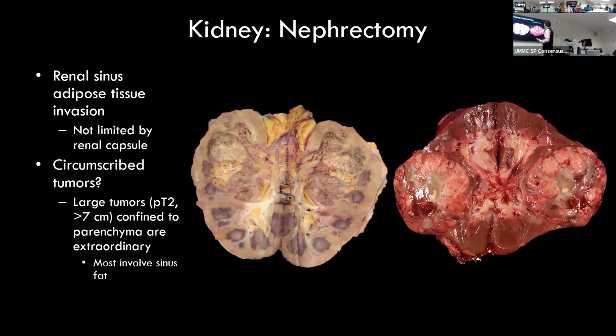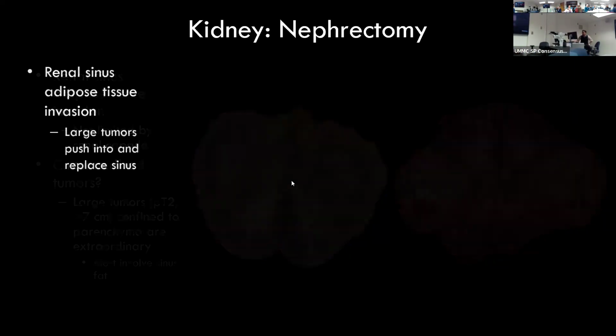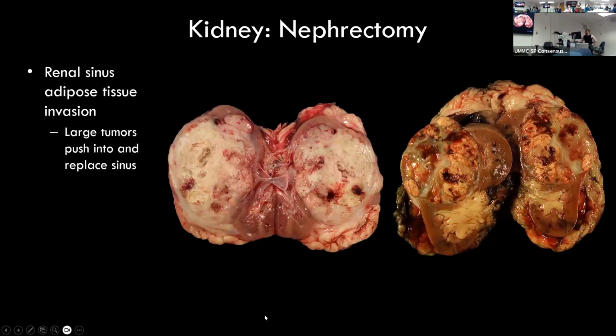So here is a rare example of a large tumor that's partly exophytic, and it has managed to expand the cortex so much that it's still confined to the cortex. So that might be a true pT2, but in most situations, it's not going to be like that. Whenever you see a large tumor and you're not calling invasion of renal sinus fat, it's most likely that you've missed it because it's not being grossed appropriately.